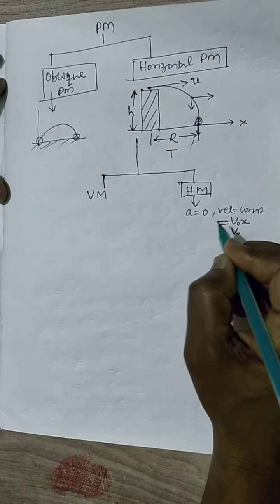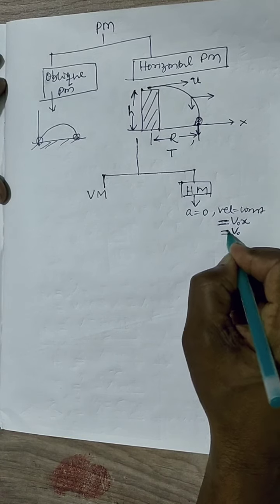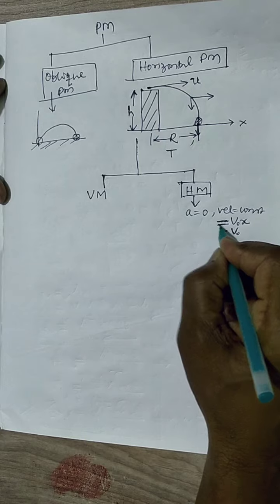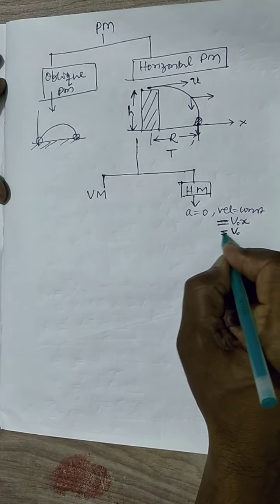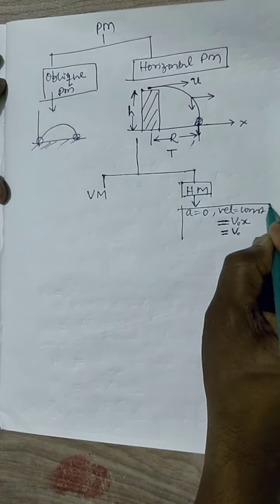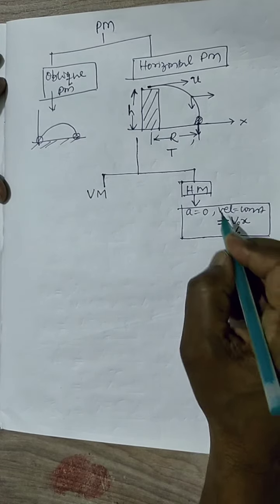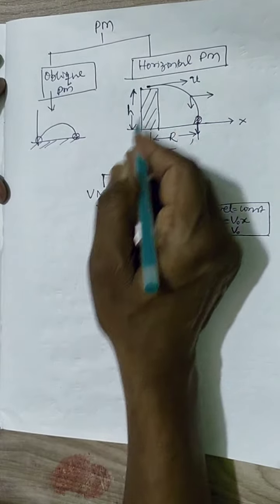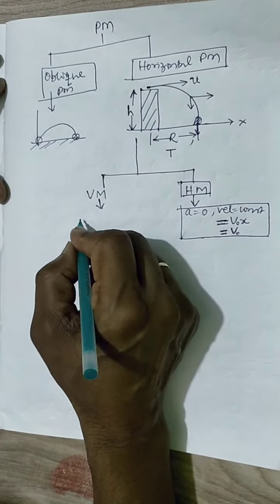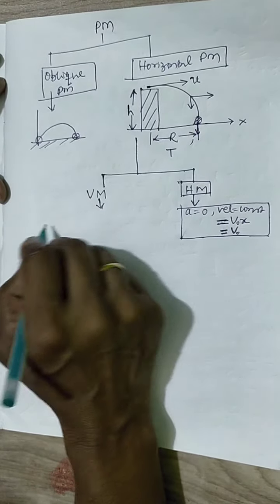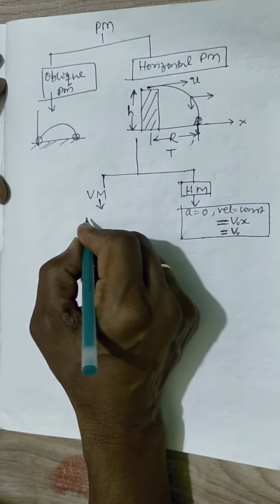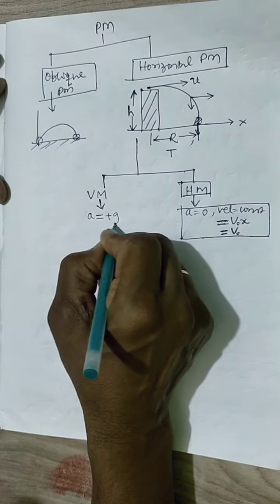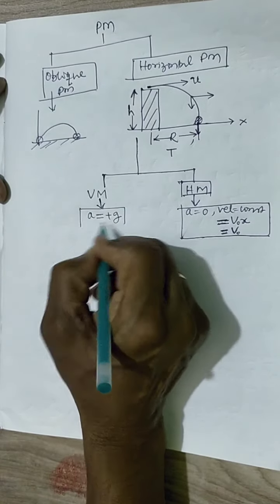The total horizontal velocity remains constant during the motion until it touches the ground. During its motion, the vertical component of its velocity changes, and the acceleration is the acceleration due to gravity.